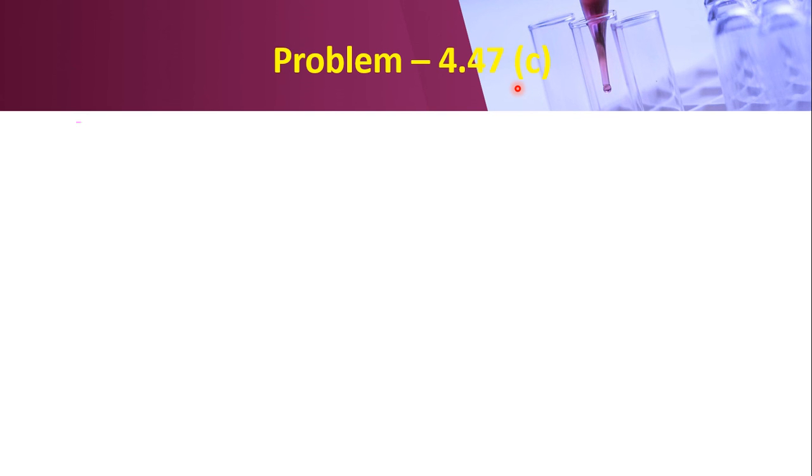Problem 4.47c. Calculate the pH of 0.05 molar sulfuric acid solution. To calculate pH of a solution, we have to know about the concentration of hydrogen ion. Here, sulfuric acid, when it is dissociated, will produce hydrogen ion. And it is a strong acid, so it will be dissociated 100%.